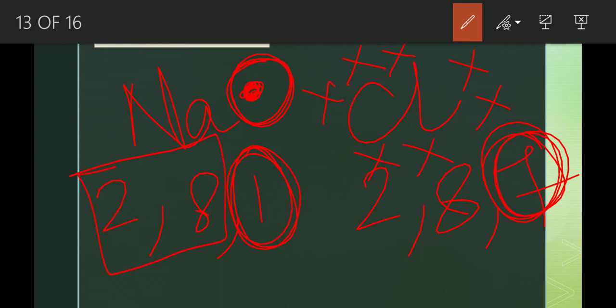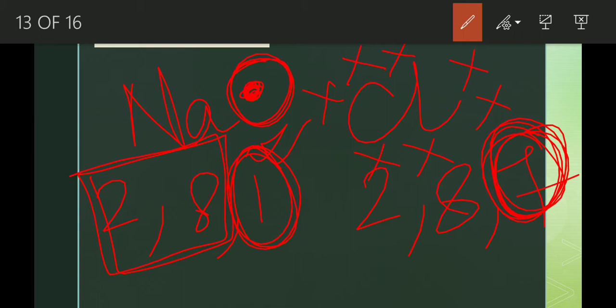So as to attain this electronic configuration, sodium needs to lose this particular electron. And chlorine has 7 electrons in its valence shell. Chlorine needs another electron, 7 plus 1 is 8, to complete its octet, to attain the electronic configuration of its nearest noble gas, that is argon, whose atomic number is 18, that is 2, 8, 8.